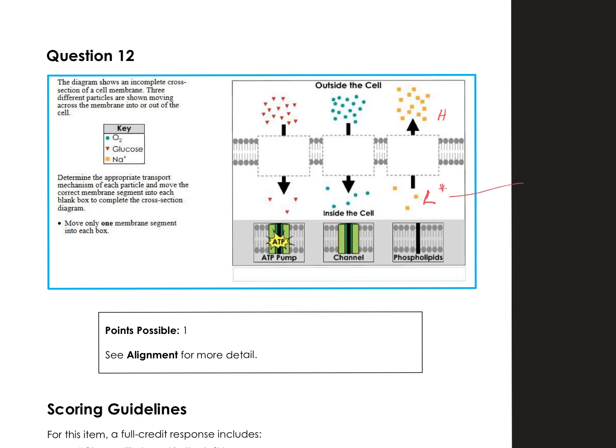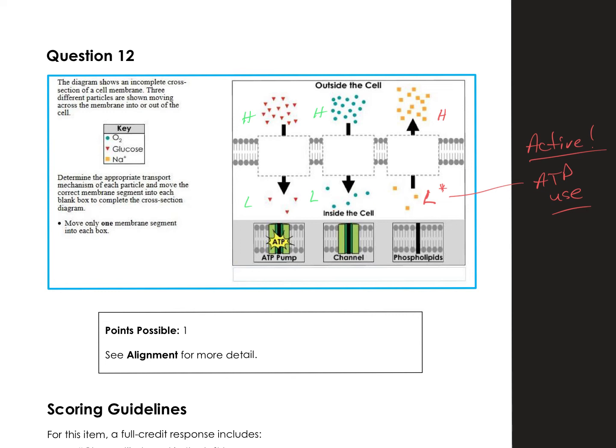Already I'm thinking ATP use is necessary. This is active transport. And the other two, I'm looking at high to low. So I don't really think I need ATP being used at this point in these two examples.